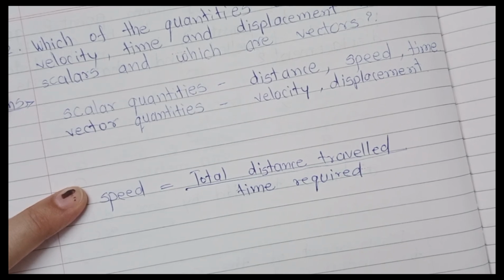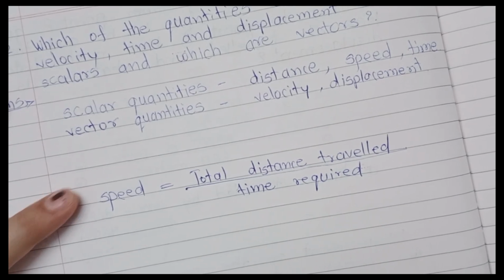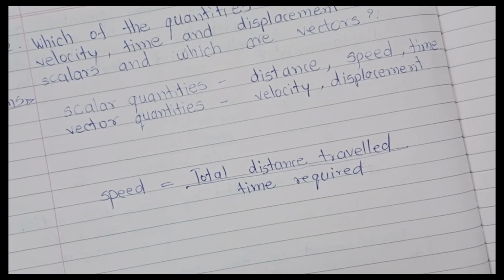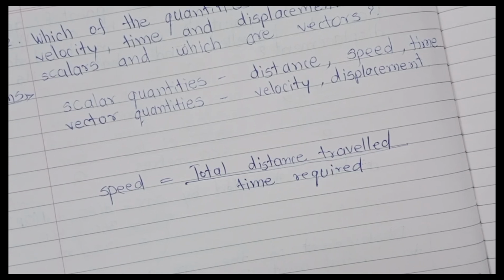Now we see in the textbook: the distance traveled in one direction by an object in unit time is called its velocity. What is the meaning of velocity?